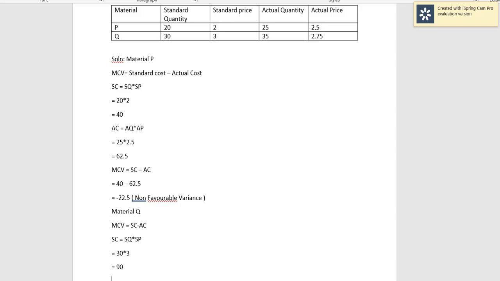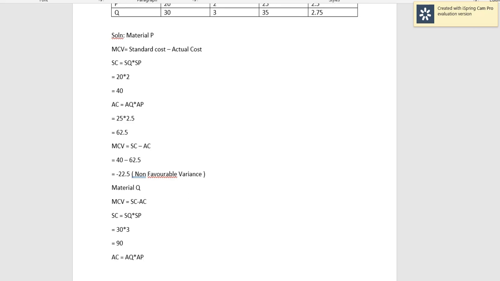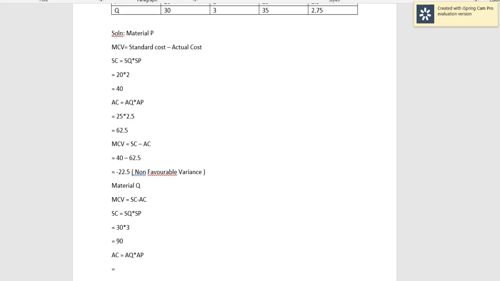Next, actual cost is equal to actual quantity into actual price. What is the actual quantity for material Q? That is 35. Write it as 35 into, what is the actual price?